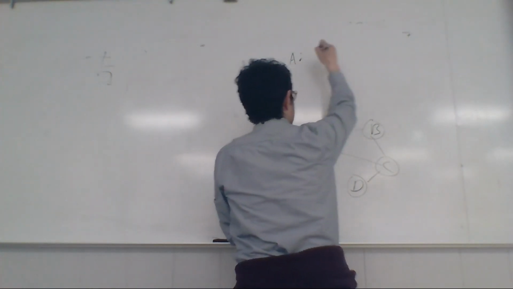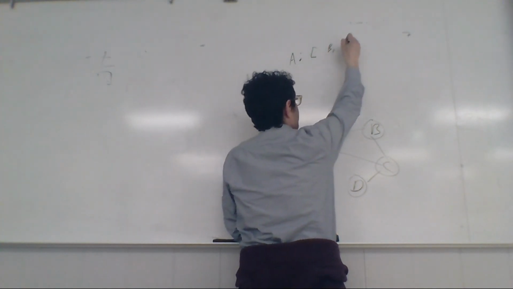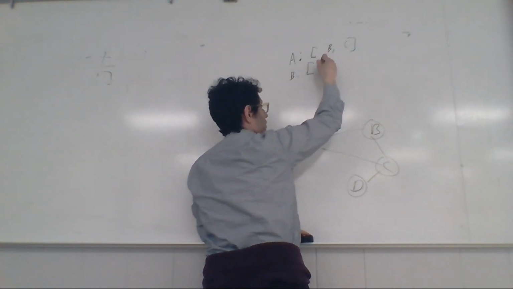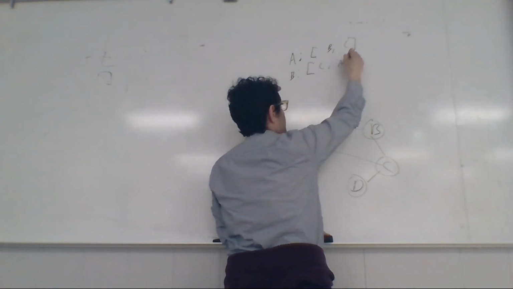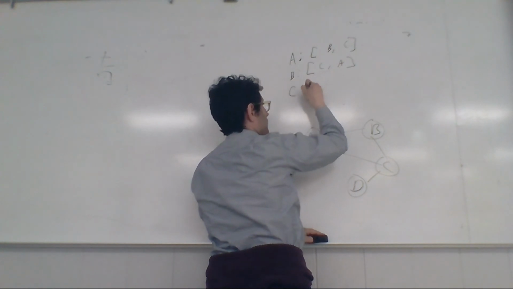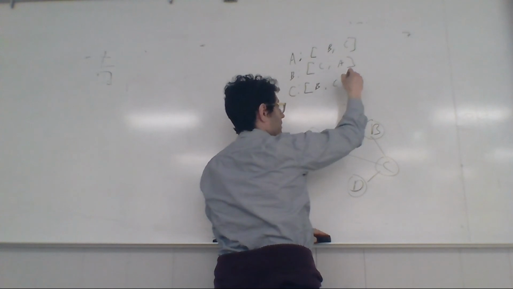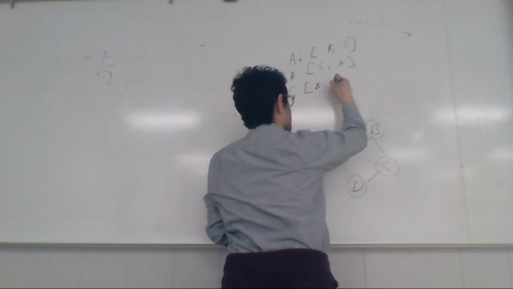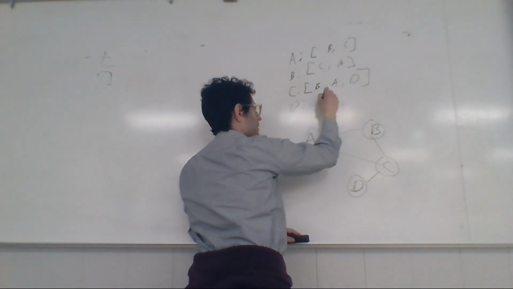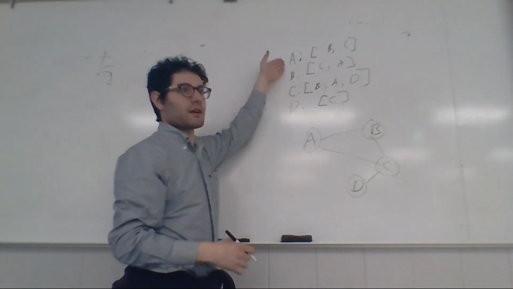A maps to a list containing B and C. B maps to C and A. C maps to B, A, and D. And D maps to C. So you see, it's essentially a list for each node of all the nodes I can get to.